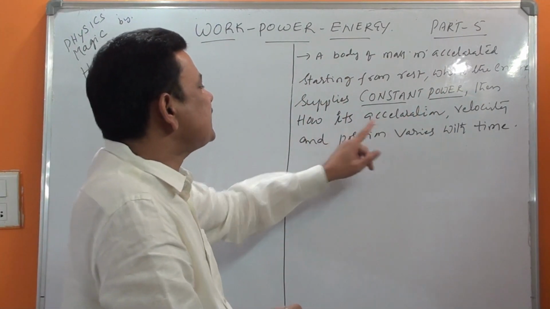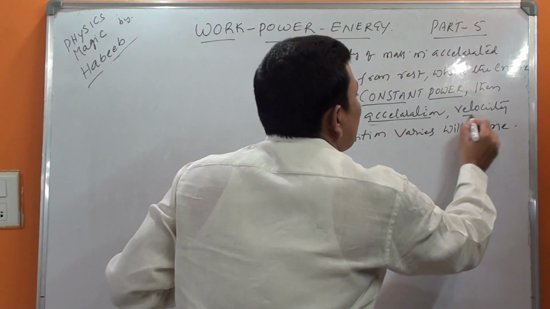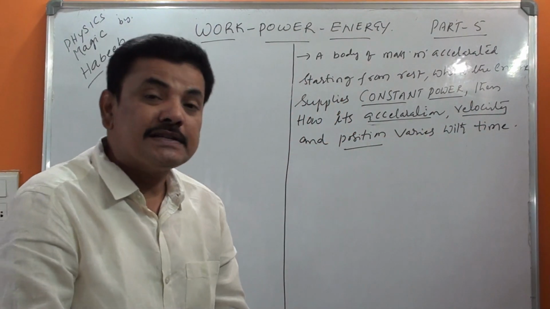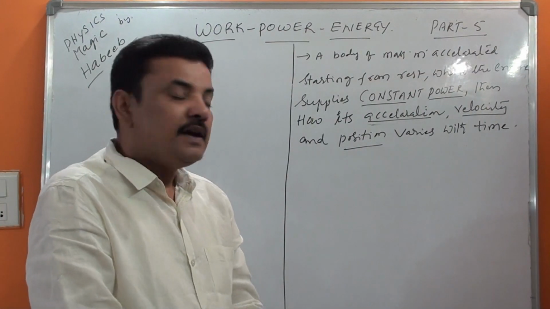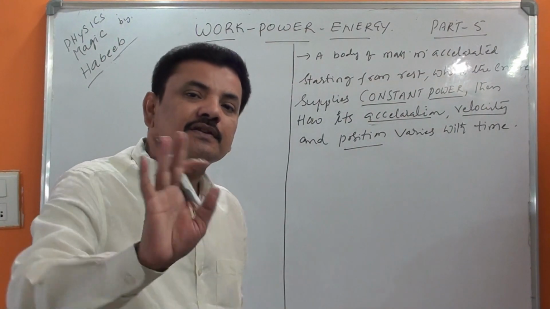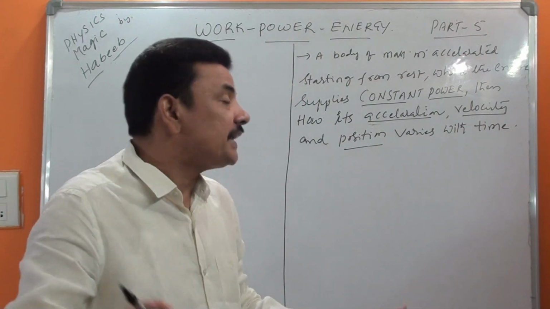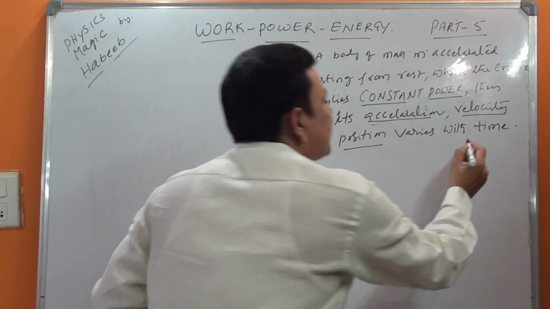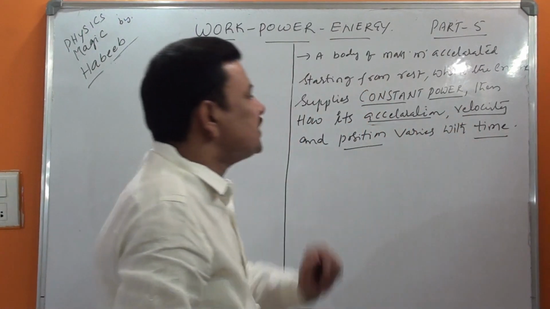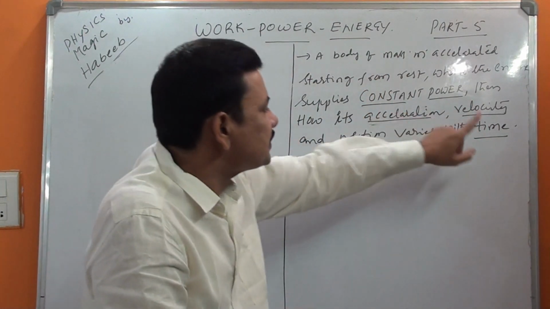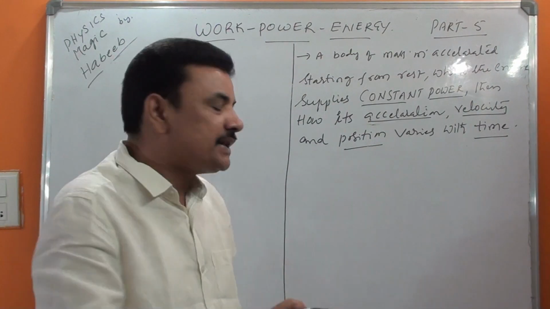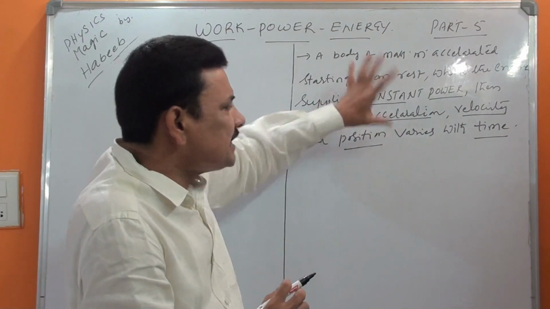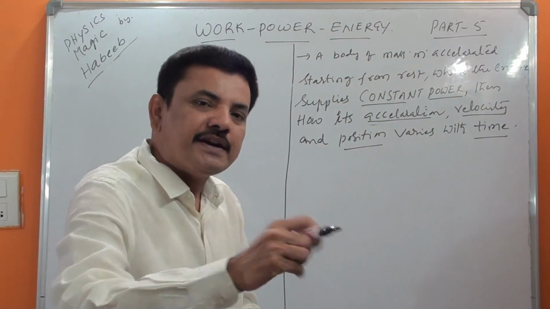Then how do its acceleration, velocity and position vary with time? These were asked in previous questions. Here I will do the derivation. You are not supposed to remember the derivation, but finally how acceleration, velocity and position change with time. If you remember these three formulae, you will happily get 4 marks. They will ask only how to identify them.